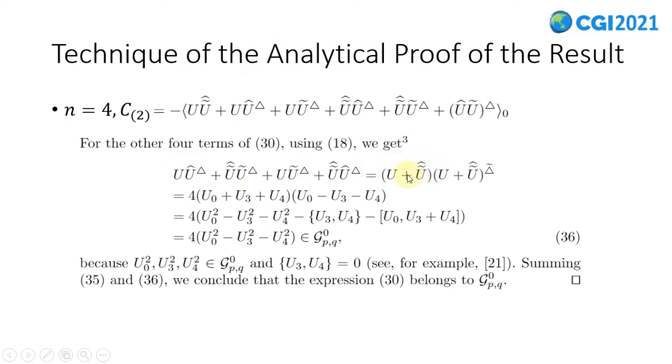Then, using lemma 2 and expanding brackets, we see that the expression belongs to the subspace of grade 0 too. Hence, the sum of all terms is an expression of grade 0, and the scalar part operation could be omitted. This concludes our proof of the explicit formula of the second coefficient of the characteristic polynomial in the case n equals 4. Other coefficients of the characteristic polynomial are proved in similar 2 steps.